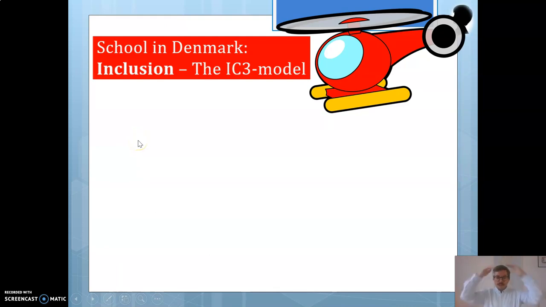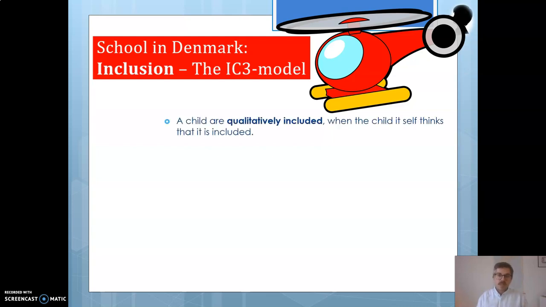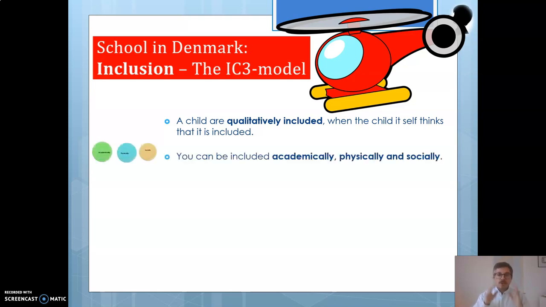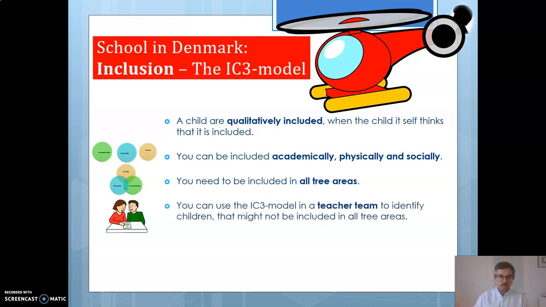When we take a perspective on the whole of this IC3 model and theory of Alenkær, we can state that a child is qualitatively included when the child itself thinks it is included. You can be included academically, physically, and socially, and you need to be included in all three areas to in fact be included.